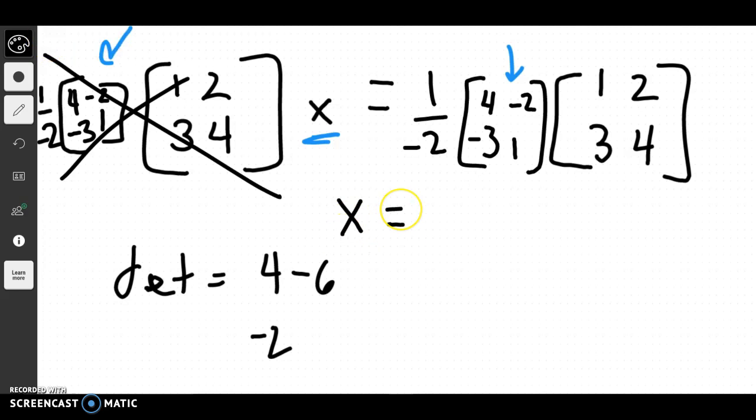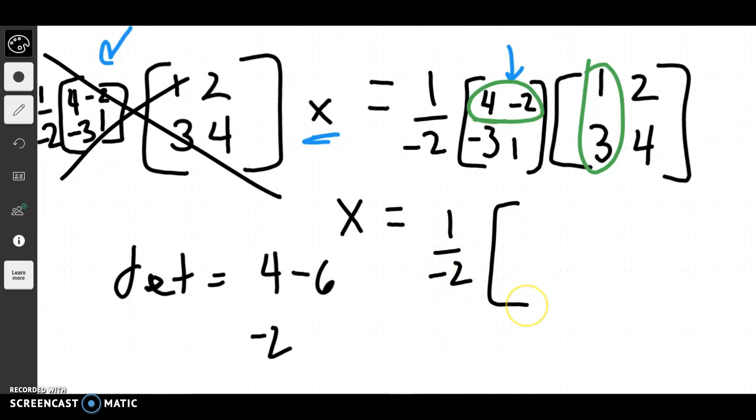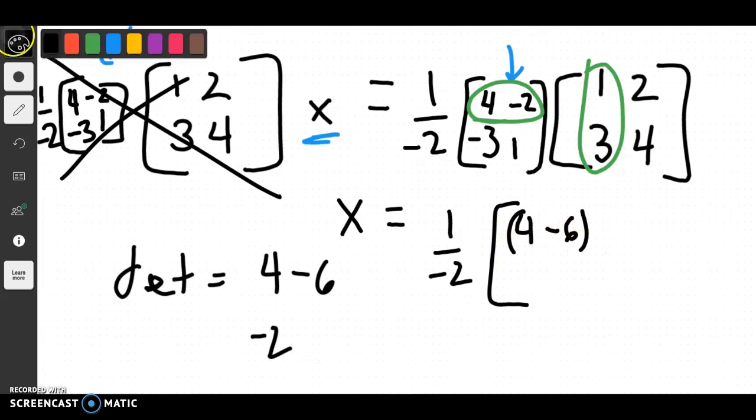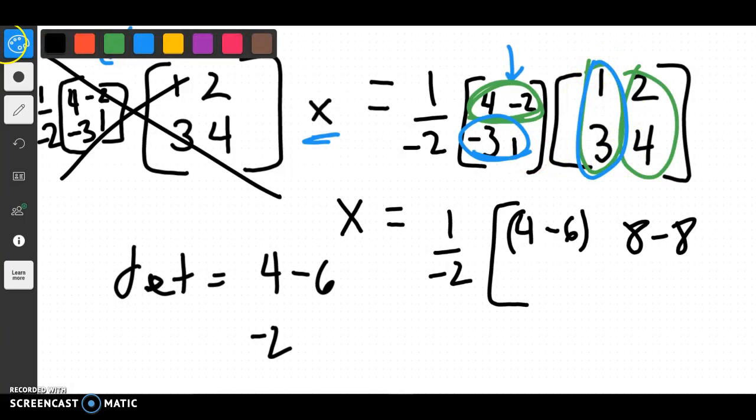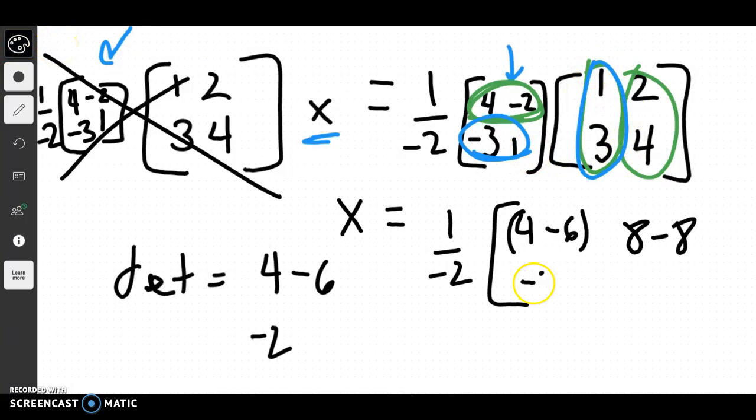We're going to have x equals, and now we will multiply. Go row by column. You stick the negative half out in front. We should get 4 minus 6, this first bubble. I'll have to go row by column again. For this one, we should get 8 minus 8. And then we're going to go row by column again, and I should get negative 3 plus 3.